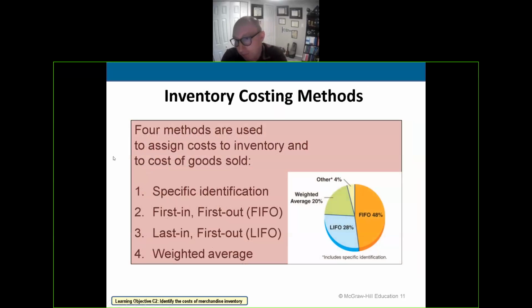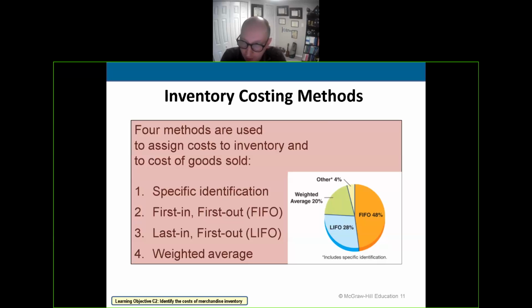When we look at our inventory, we assign a value, a cost to that inventory. And there are 4 methods. We select one of the 4. You cannot use all 4. In fact, you can't even use more than one.